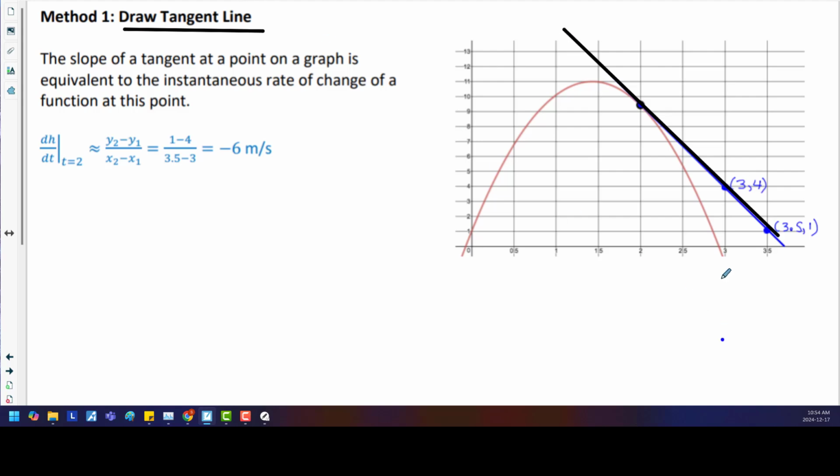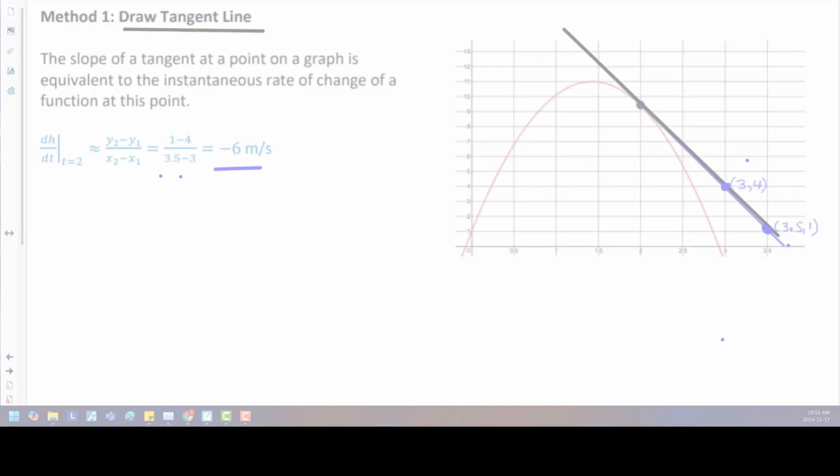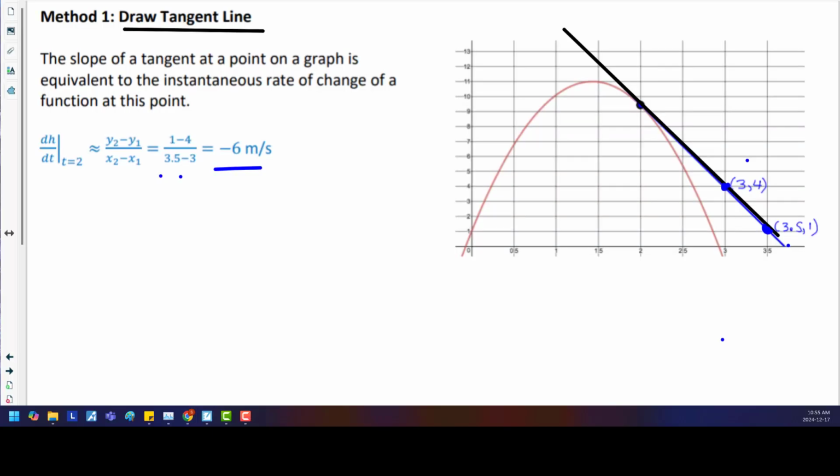And then now you pick 2 points on this line, this black line that I drew, and you find the slope using any 2 points on that line. In this case, they'd use 3 and 4 and 3.5 and 1. So 3.5 minus 3 and 1 minus 4. You get negative 6 meters per second. That's one way, but I'll be honest with you, that's not a great way of doing it. But it is one way. Another method.